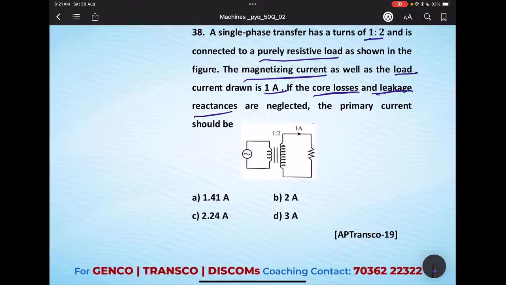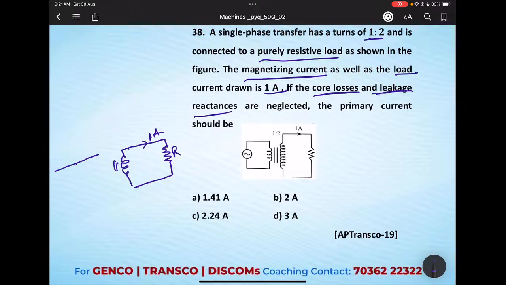Let's note down the circuit diagram. It is a simple circuit diagram they have given. We will write the equivalent circuit diagram here. First we will write the secondary side. They are telling it is a purely resistive load, taking 1 ampere of current. What about the primary?